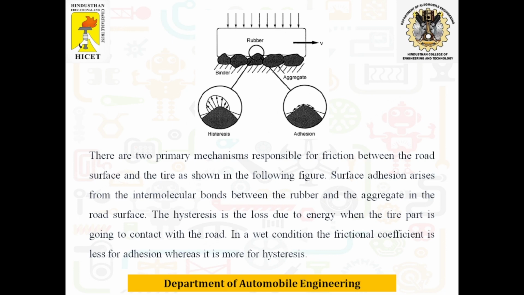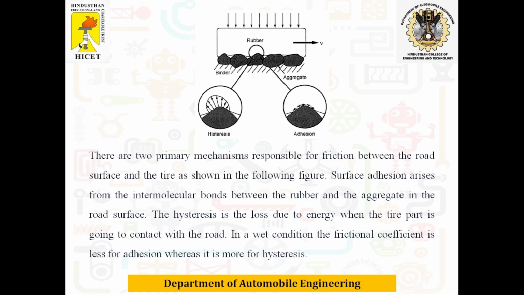There are two primary mechanisms responsible for friction between the road surface and the tire, which is shown in the figure. One is the surface adhesion, which arises from the intermolecular bonds between the rubber and the aggregate in the road surface.